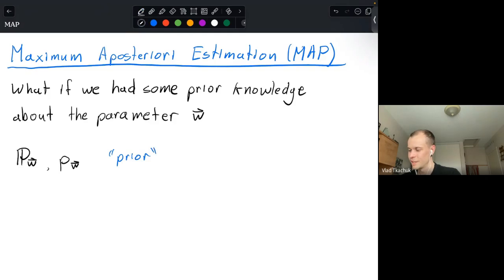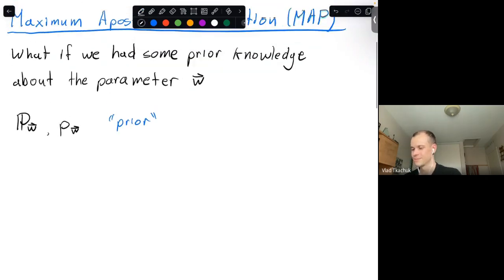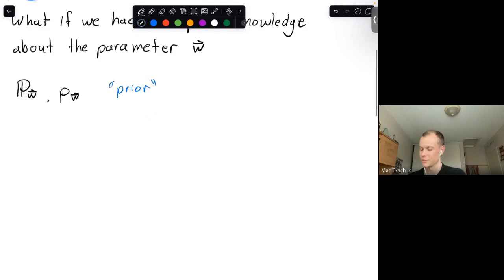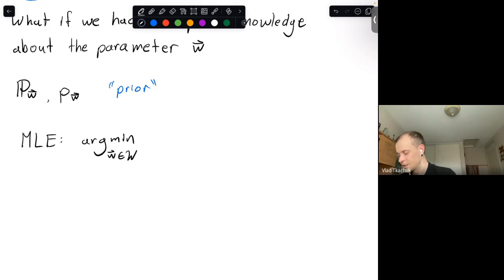Okay, I'll just write this and then we'll formulate this next time. What you'll find is what this MAP thing is doing. We found that MLE was doing something like this. Maximum likelihood was the solution to the argmin over our parameter W from some parameter space, of the negative log likelihood.